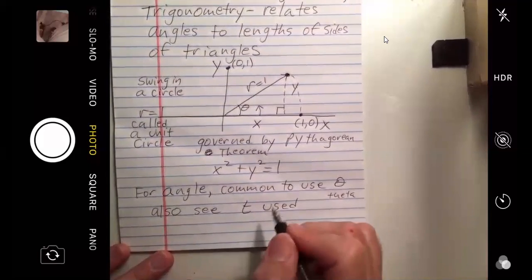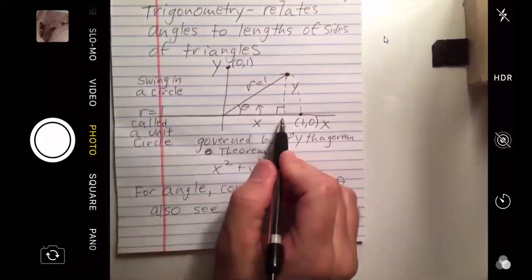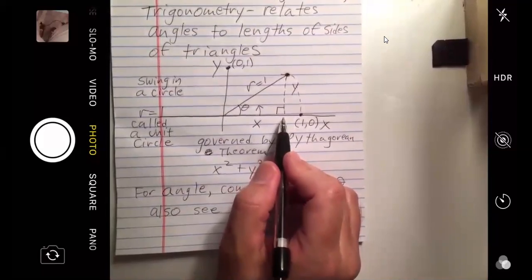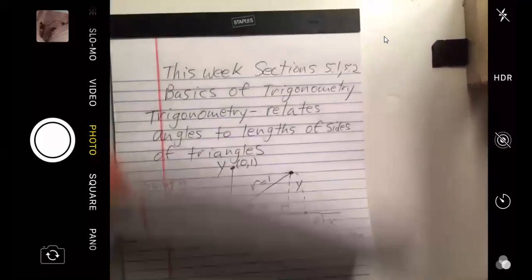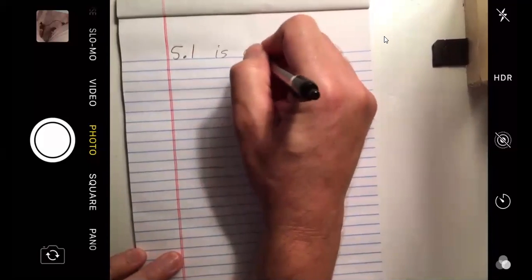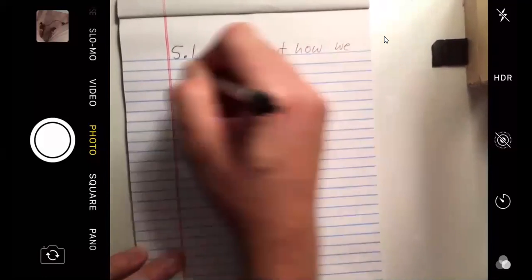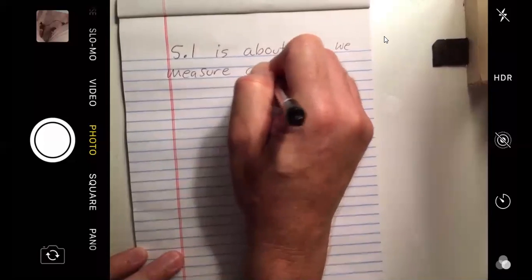They don't use X for the angle because it's too confusing with X on the length of this side. So what section 5.1 is about is how we measure angles.